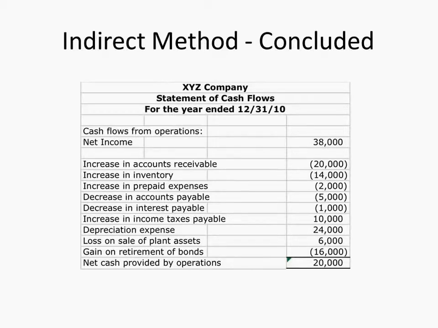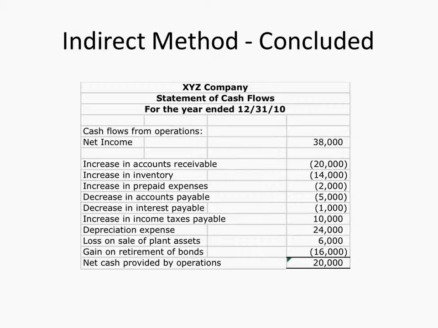Okay, this is the indirect method. We're just taking the bottom line net income number. We're not putting an income statement on the cash basis. We're taking net income as one lump sum and putting it on a cash basis, and backing out all of the balance sheet accounts that affect the accrual basis. So here, accounts receivable went up, cash went down.